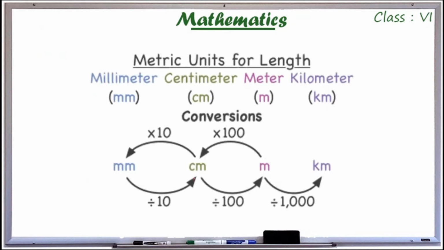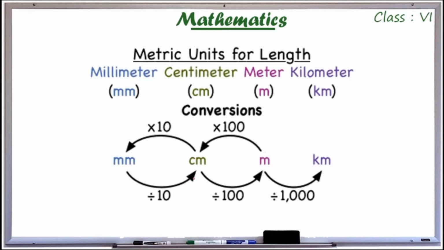This is the conversion table. To convert from millimeter to centimeter, I divide by 10. From centimeter to meter, I divide by 100, and from meter to kilometer, I divide by 1000.